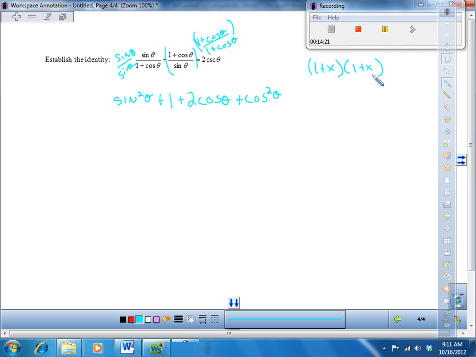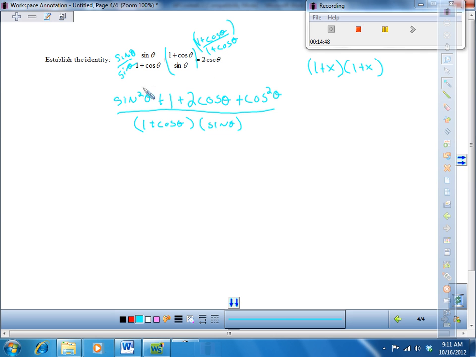See that? So now, on the bottom, I have my common denominator, which is now 1 plus cosine theta times sine of theta. That's my common denominator, because I multiplied this by sine of theta over sine of theta, and this by 1 plus cosine.